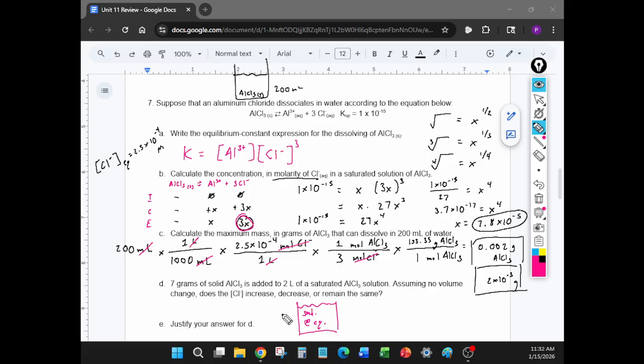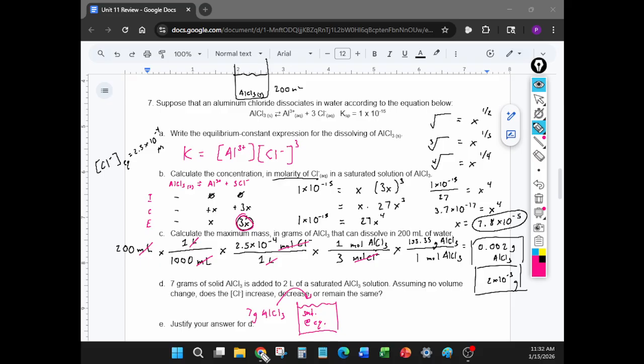And then what you're doing is, while it's at equilibrium, you are adding 7 grams of AlCl3. So you're adding more of your solid. It's saying, if you assume no volume change, are you going to increase Cl minus, decrease it, or remain the same?